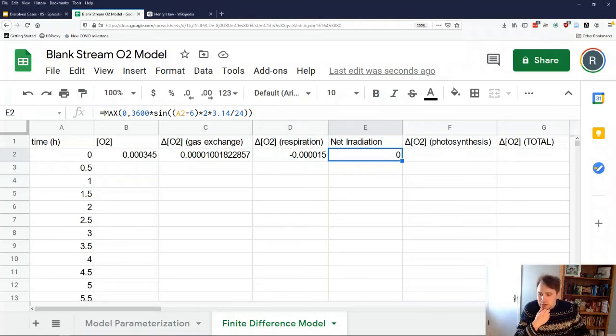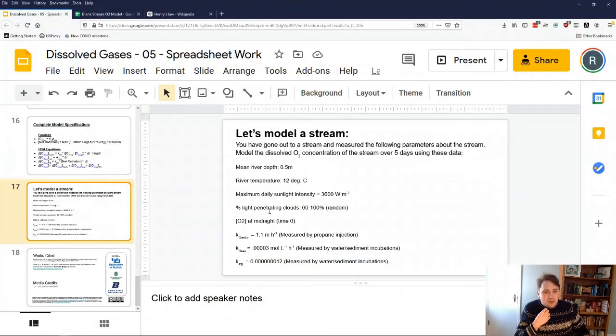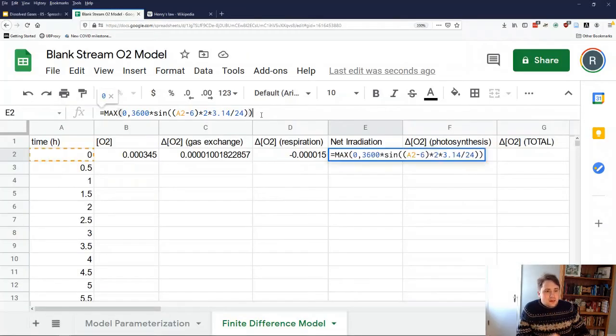But then we also said that we wanted to add some random noise. To do this, we said that we wanted between 60 and 100% of the sunlight getting through. So to implement this, we can multiply this by a random number.